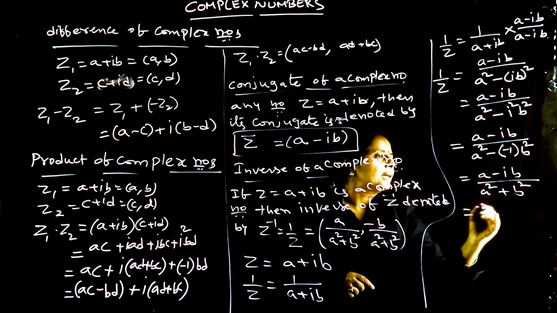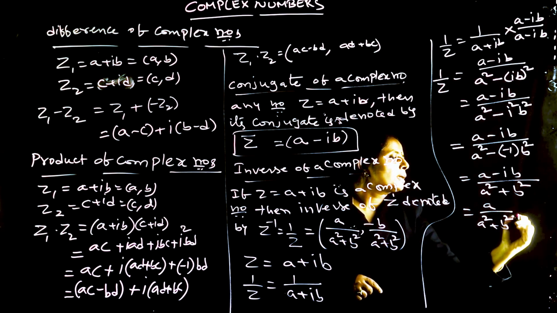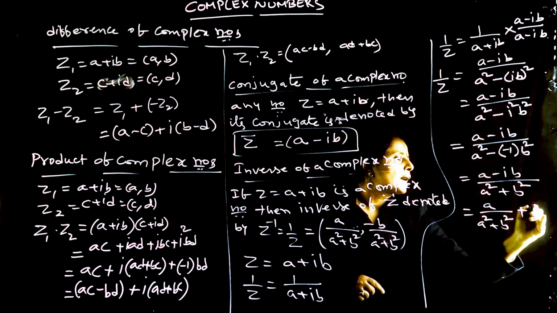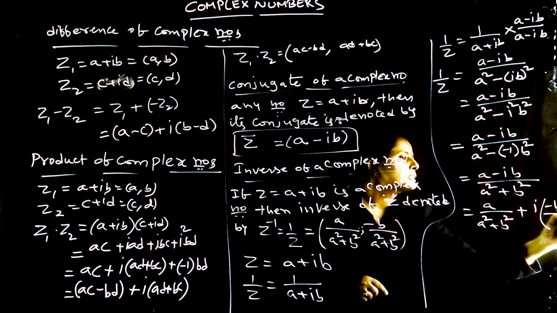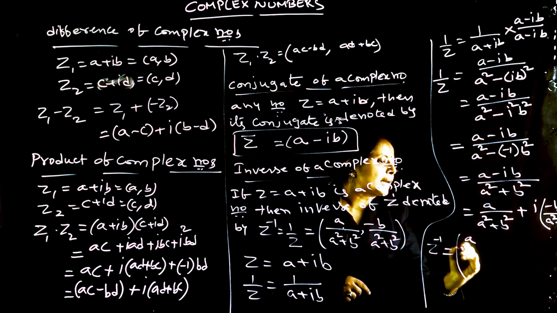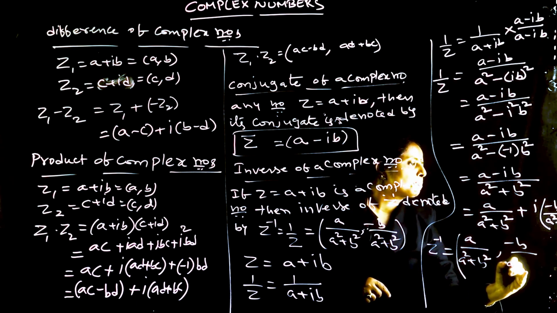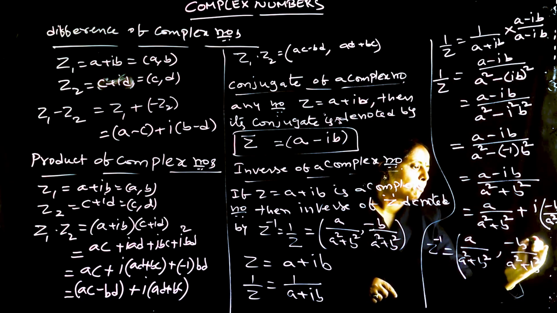So, if we split real and imaginary parts, we will get it as a by a square plus b square plus I times minus b by a square plus b square. So, inverse of a complex number can be given as a by a square plus b square, comma, minus b by a square plus b square.